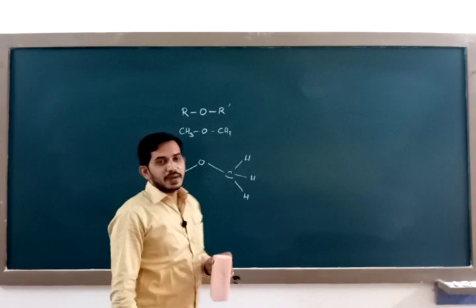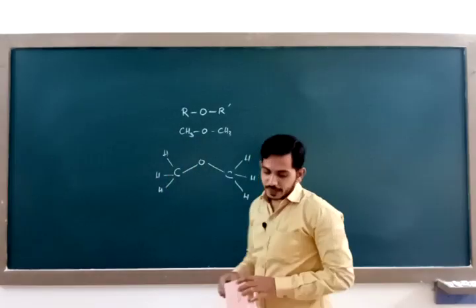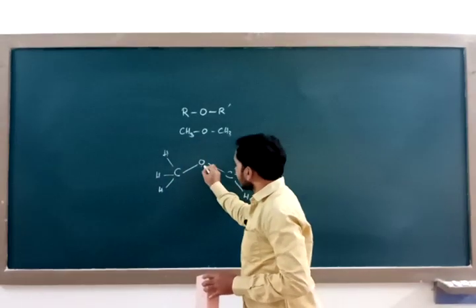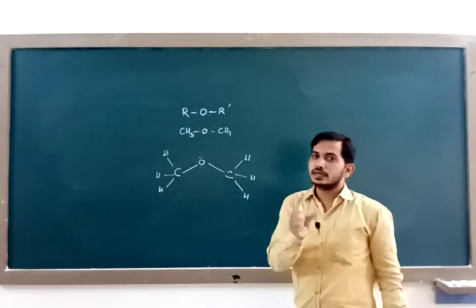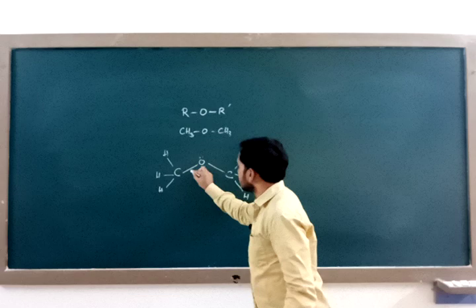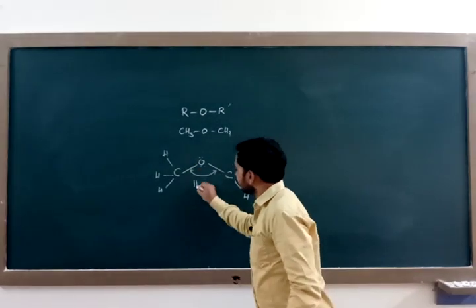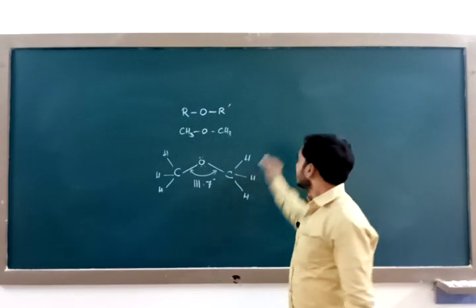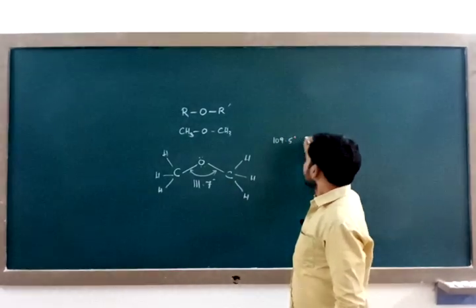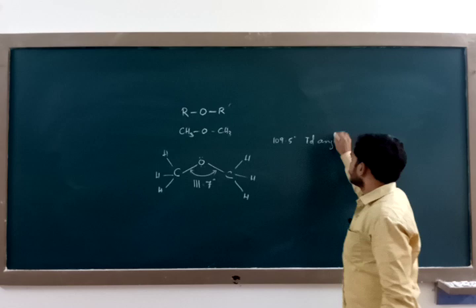They are bent molecules. Since ethers are bent molecules, this bond angle looks like tetrahedral, but it is slightly more than the tetrahedral angle. Its bond angle is 111.7 degrees, which is slightly more than the 109.5 degree tetrahedral angle.